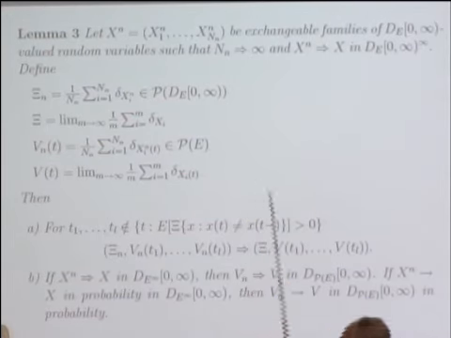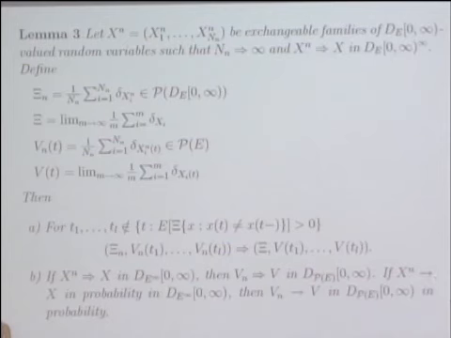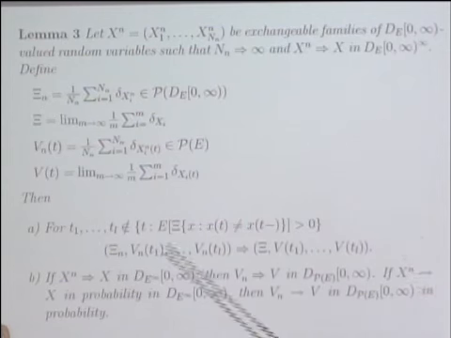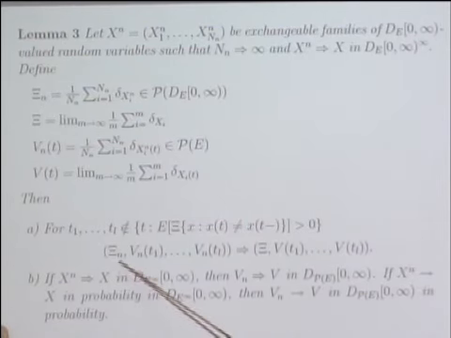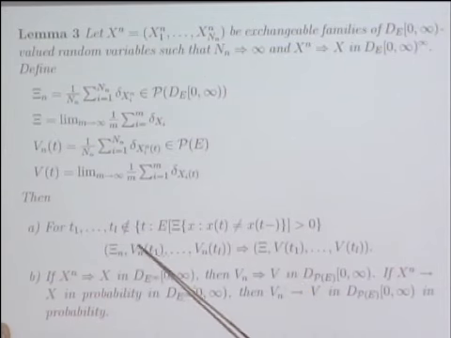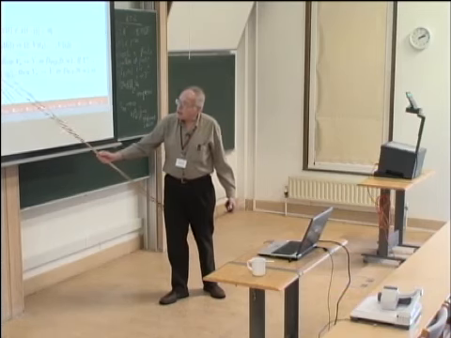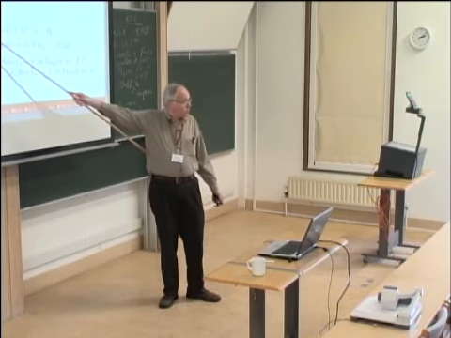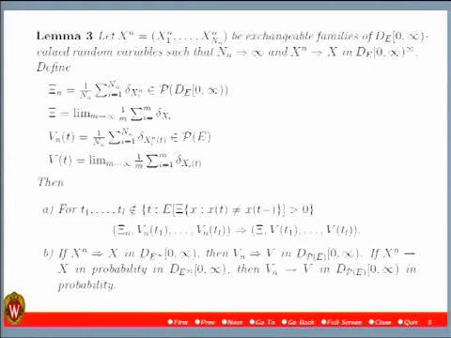And what this lemma says is that if I get this nice convergence, then not only do I get that capital Cn goes to capital C, but I at least get the finite dimensional distributions of this sequence of processes converging.